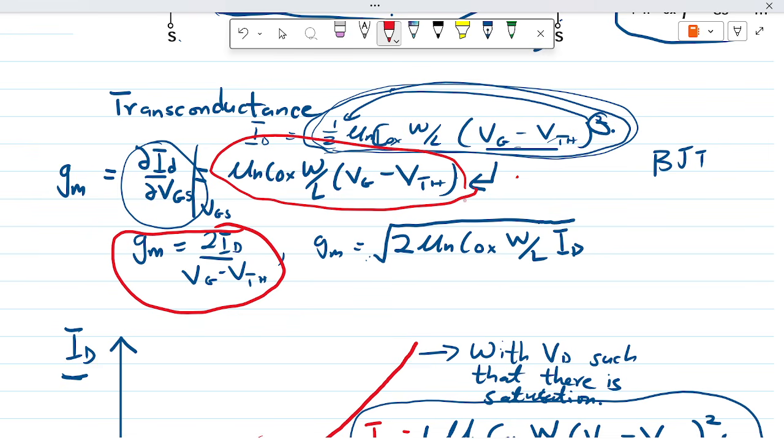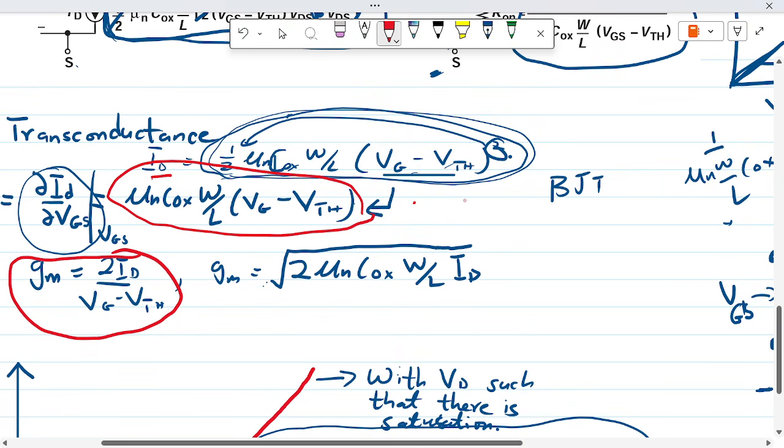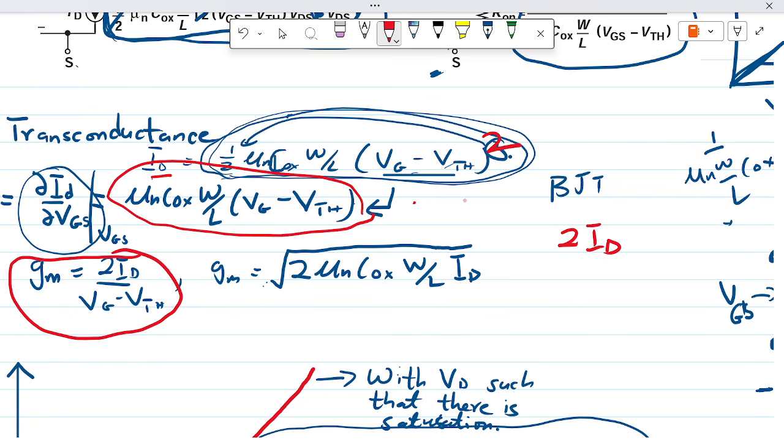If we take the ID right here, the original ID after saturation, and I multiply the ID by 2, so 2 times ID, then 1/2 goes out, and I divide this whole expression by VGS minus VTH, the overdrive voltage.